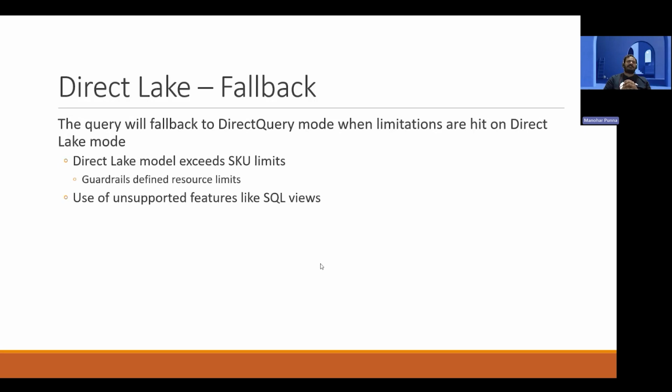One of the limitations is when your direct lake model exceeds the SKU limits, like the memory or the CPU or any other resources that is allocated for your SKU, like your Fabric SKU, whether you're going with F2 or F64, depending on which SKU you're going with. If you hit the limits of that capacity, obviously it will fall back to direct query mode.